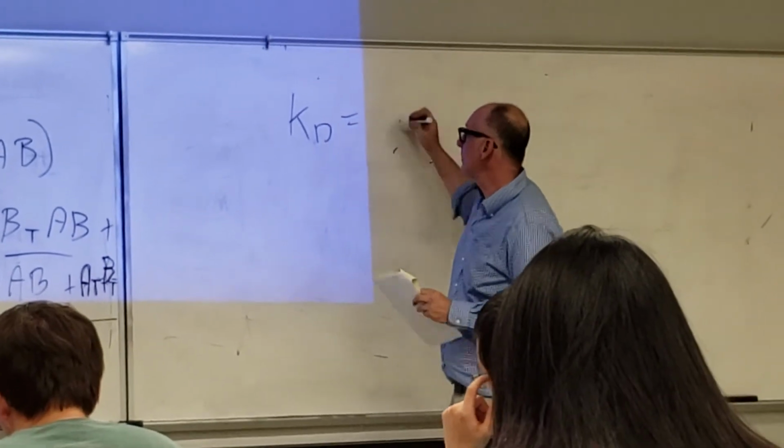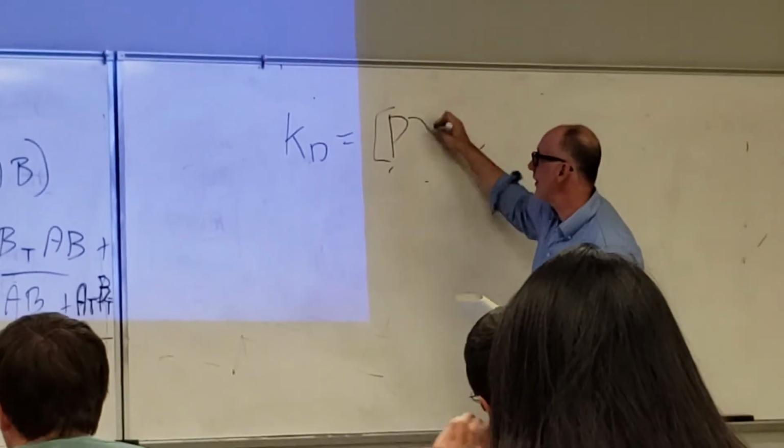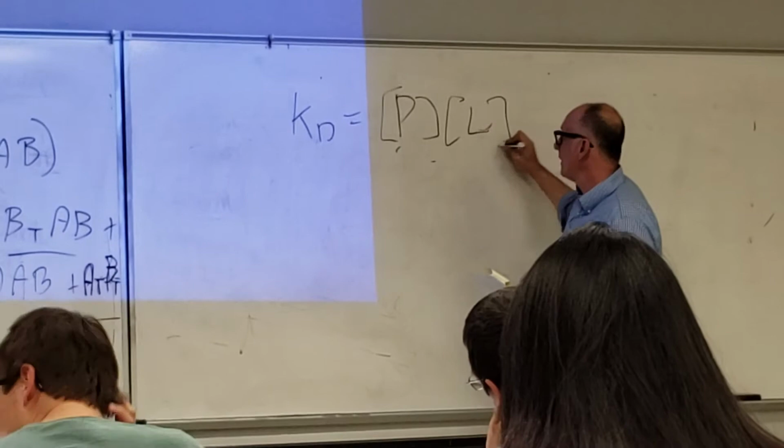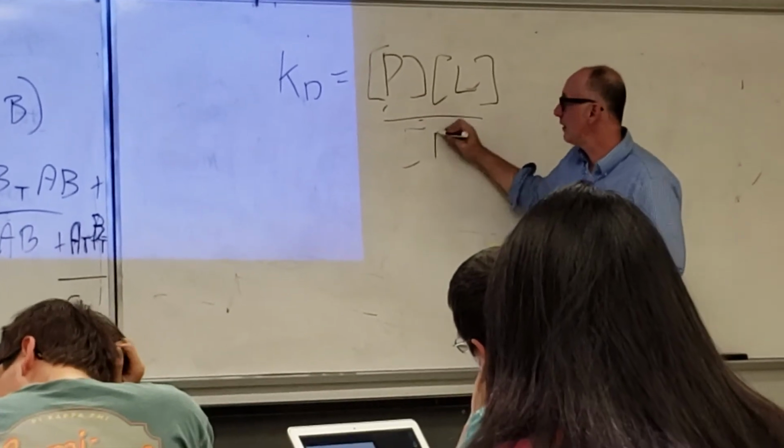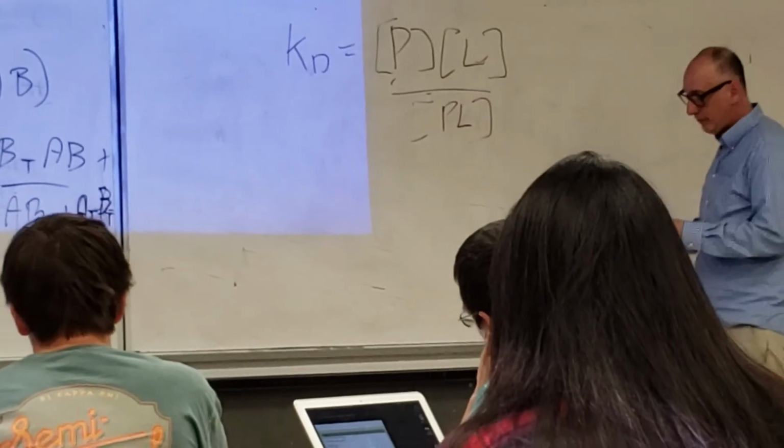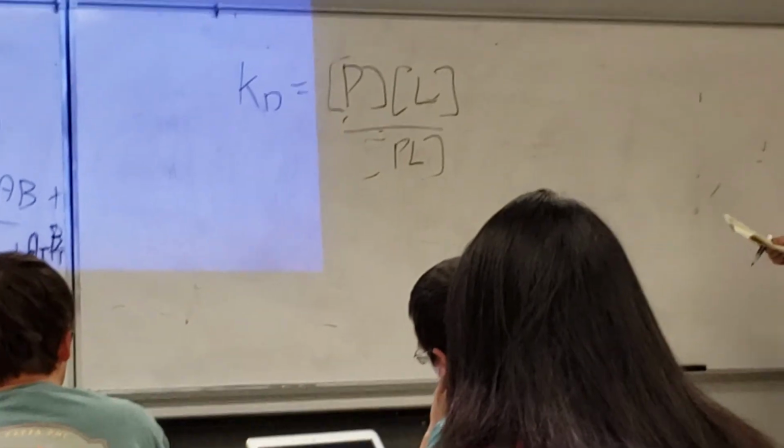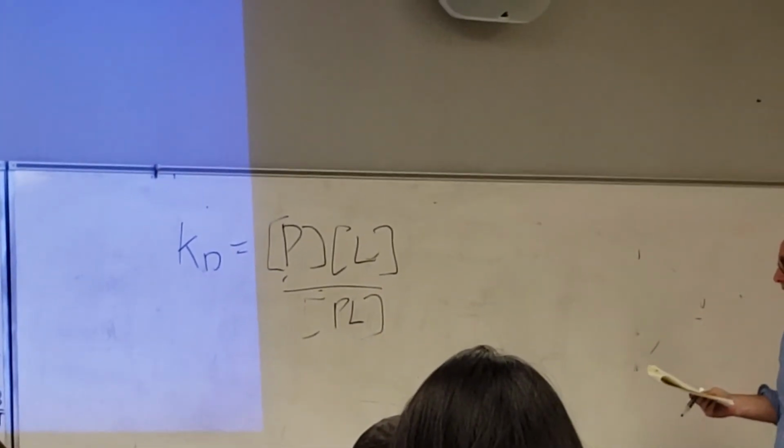My KD is simply equal to my protein concentration times my ligand concentration over the complex. Nothing fancy there.